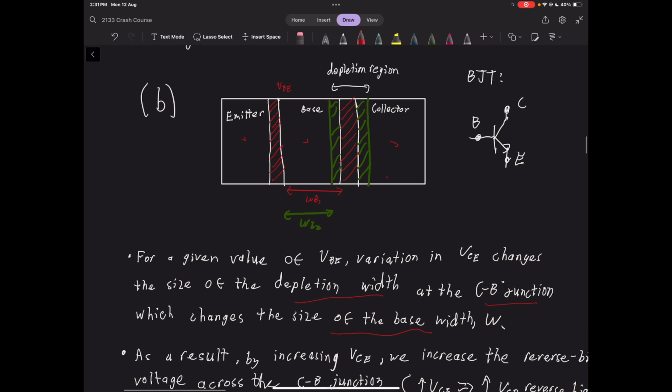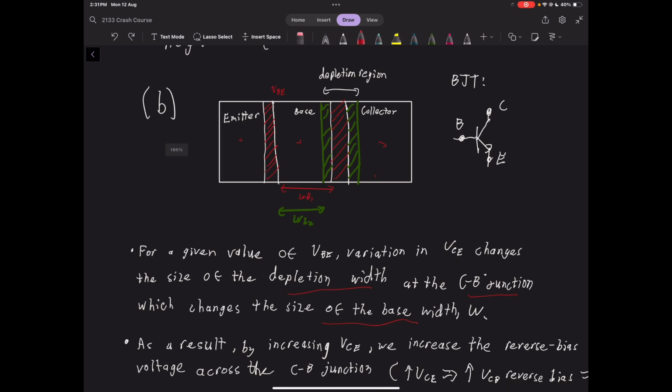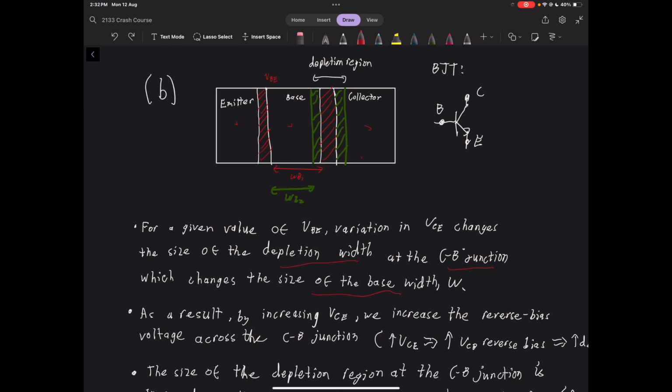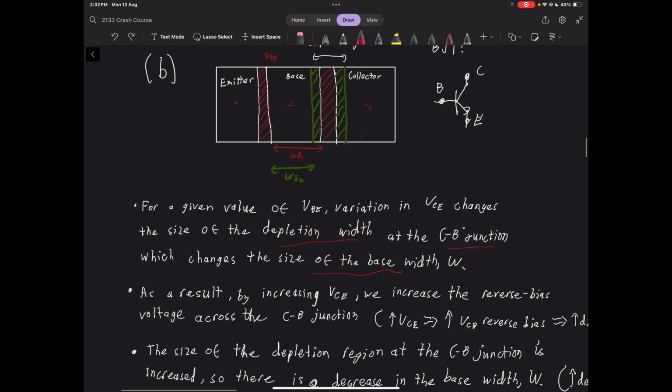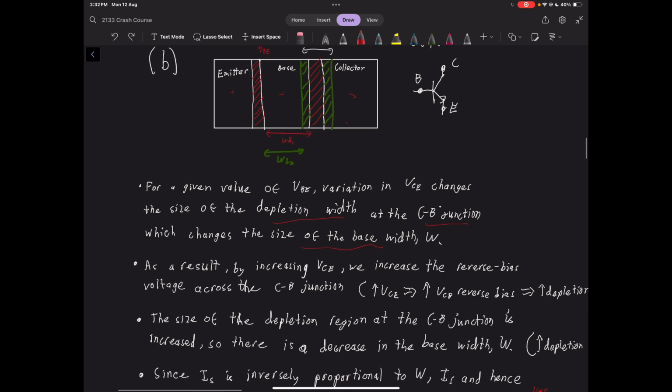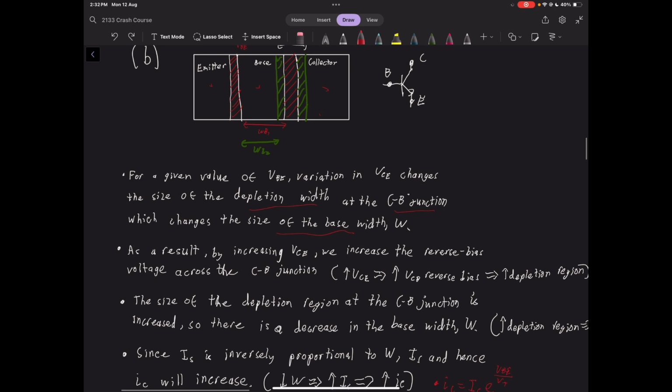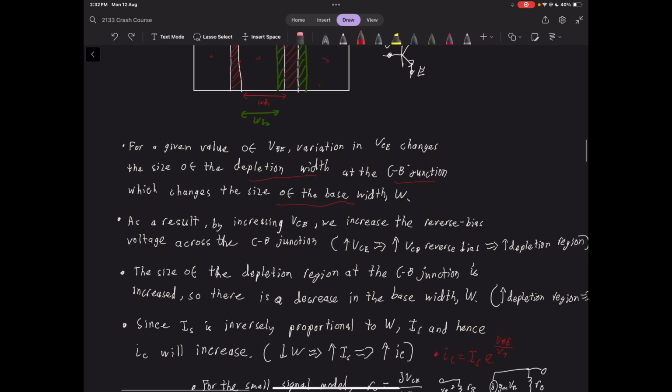So basically, as we change VCE, we see this depletion region here is going to change in size. It's actually going to grow, and the extra green over here is basically saying as you increase VCE, we're increasing the size of that. So by increasing VCE, we increase the reverse bias voltage across the CB junction.